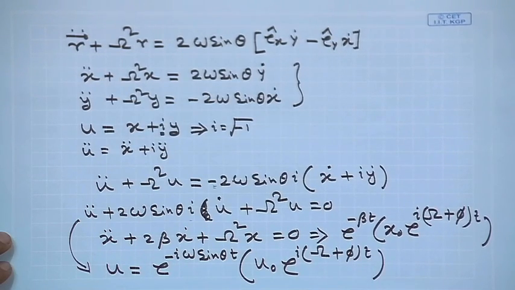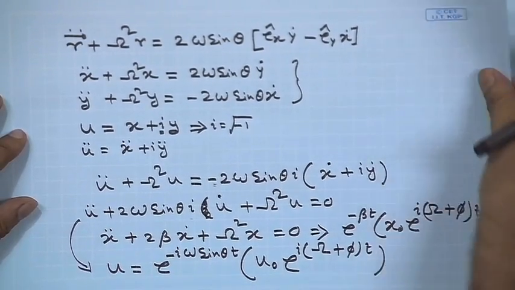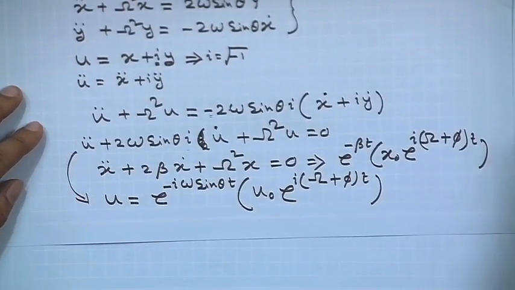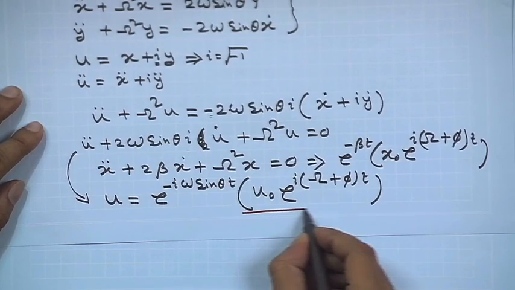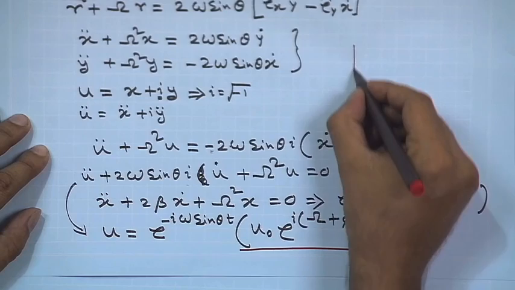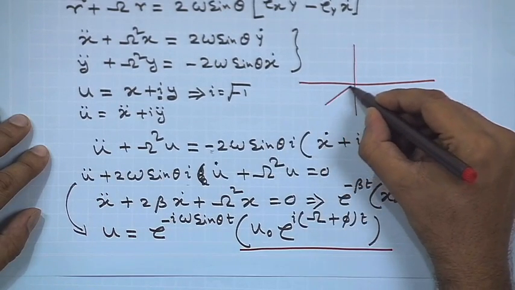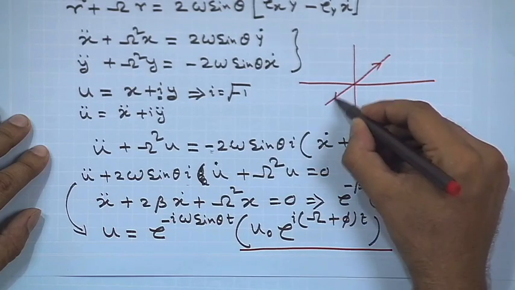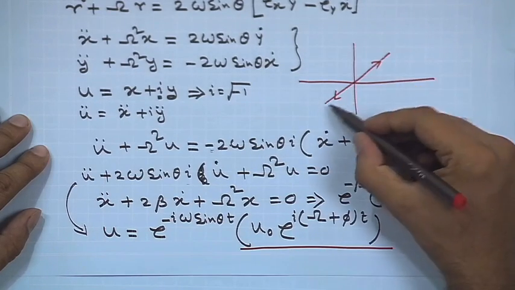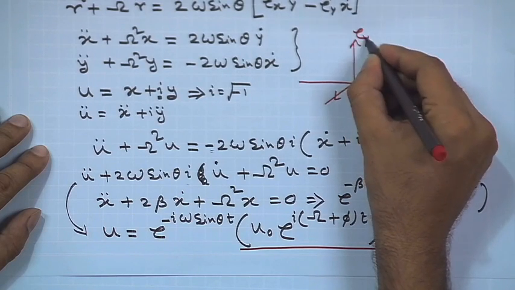Now, this part, the lower part, once again just represents the oscillation of the pendulum in this xy plane. So, this part actually represents the oscillation in this xy axis system.